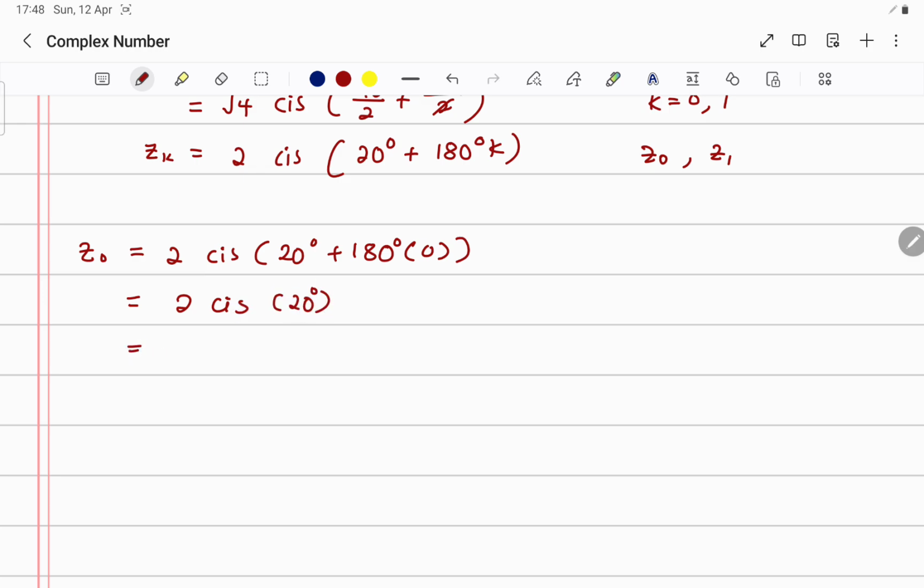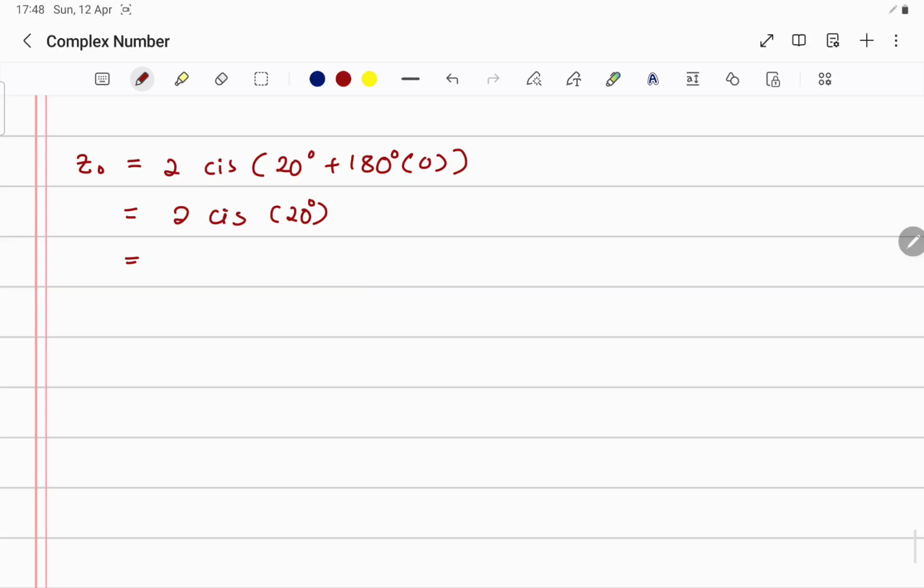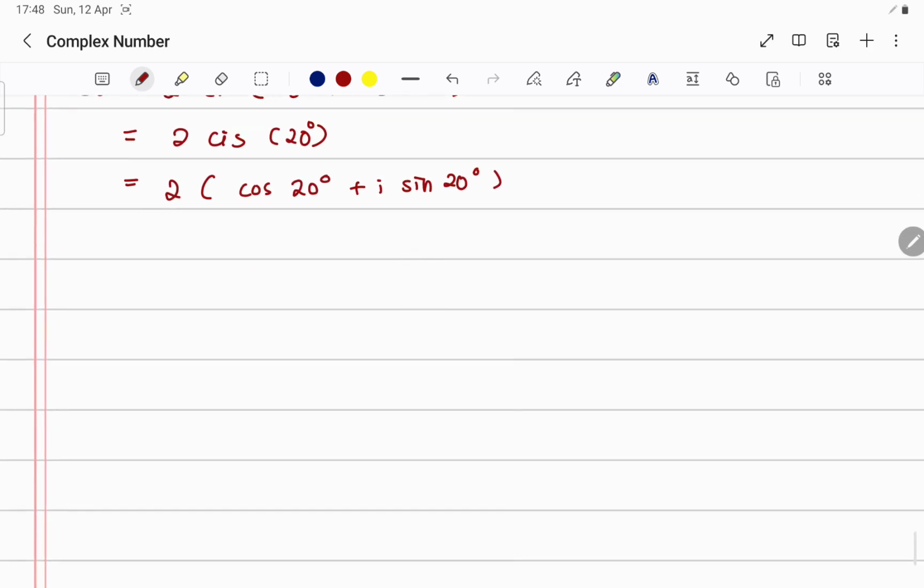Okay, so cis you change to the form which is cos theta plus I sin theta. So you will get cos 20 degree plus I sin 20 degree. And then you just use calculator. Here you expand first, you're going to get 2 cos 20 degree plus 2 sin 20 degree I.